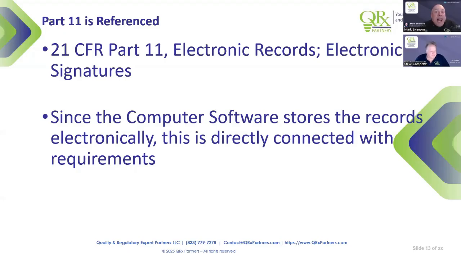You have to actually enter a password every time that you do a signature. The first time you sign, it has to have two factors, at least a username and a password, those types of things. You have to validate that that's what your system does. So that's a big part of this validation, but that's a requirement that's outlined in Part 11.